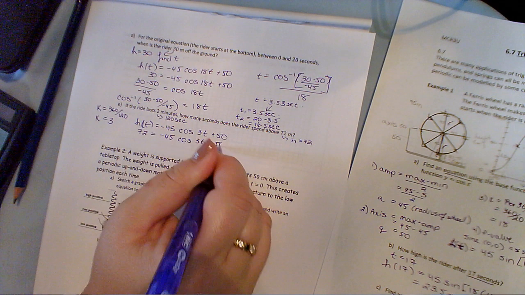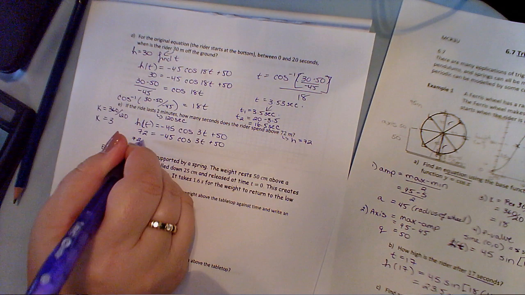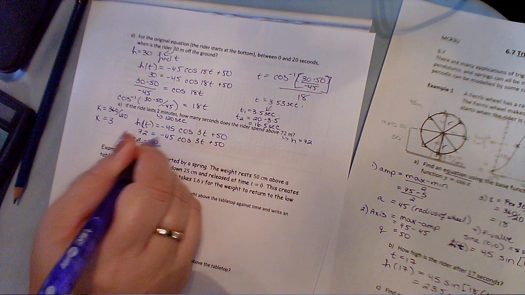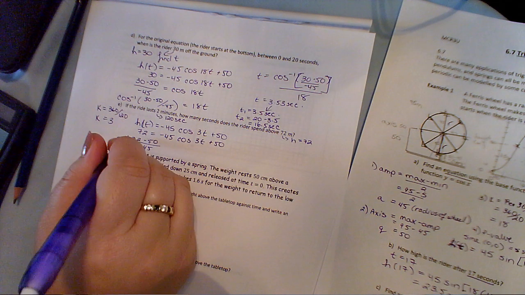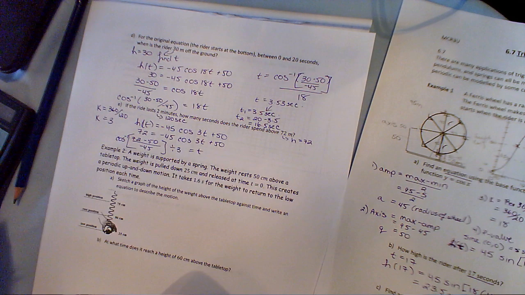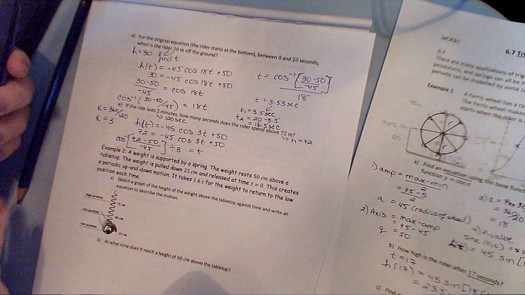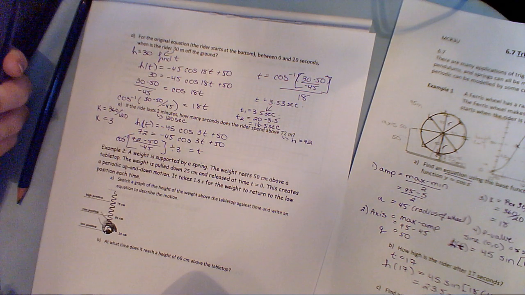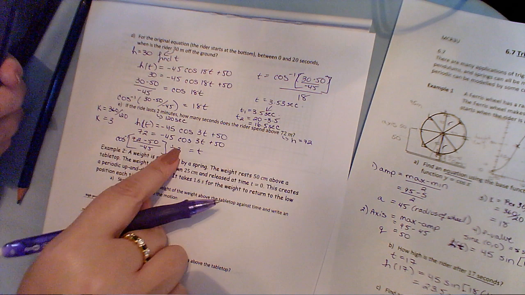Now, in one step, I'm going to rearrange this. 72 minus 50, divided by negative 45, inverse cos of that, and then I'm going to divide that by 3. And that will give me my t value. So 72 subtract 50, divided by negative 45, inverse cos, divided by 3.